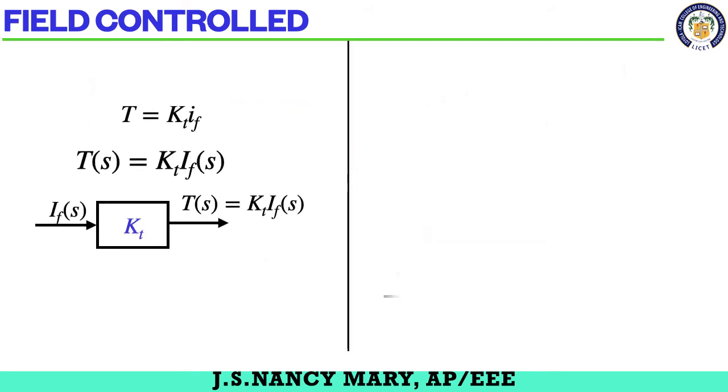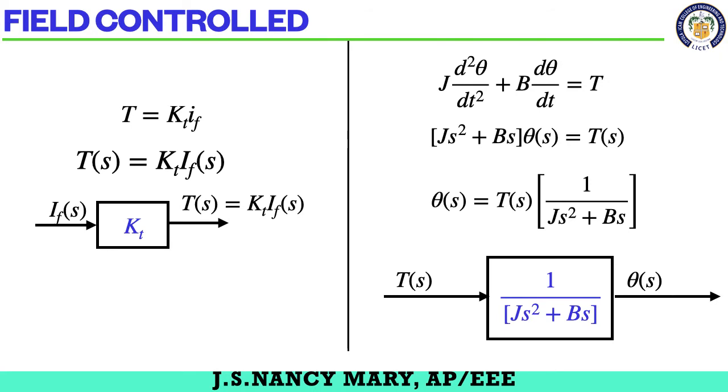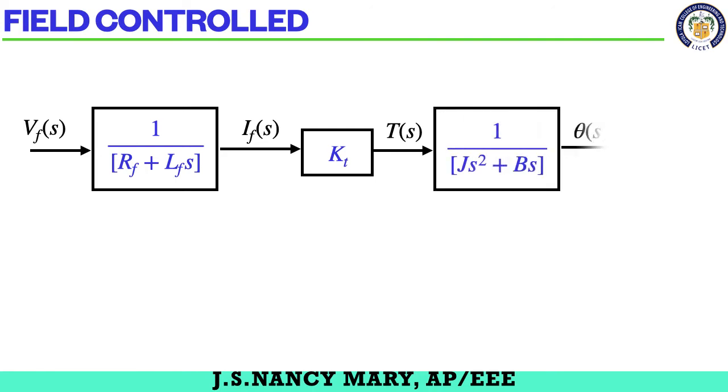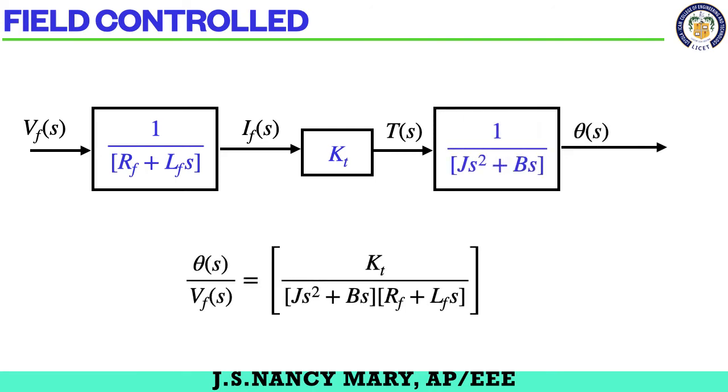Also you know that T is equal to Kt times If of s, and the moment of inertia block 1 by J s square plus Bs will be there between the torque and theta. Combining all, after Vf you will have 1 by Rf plus Lf s, then Kt, then 1 by J s square plus Bs. So theta by Vf is obtained as all the blocks are in cascade, multiply them and write it. This is the field control system.